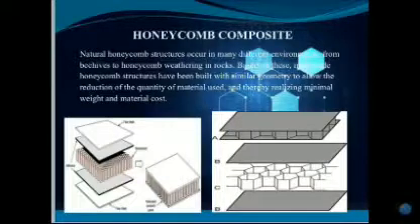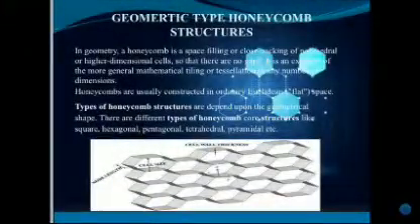Based on these, man-made honeycomb structures have been built with similar geometry to allow the reduction of the quantity of material used, and thereby realizing minimal weight and material cost. In this also we can tell that with man-made honeycomb structures we can reduce the weight and also the material cost.